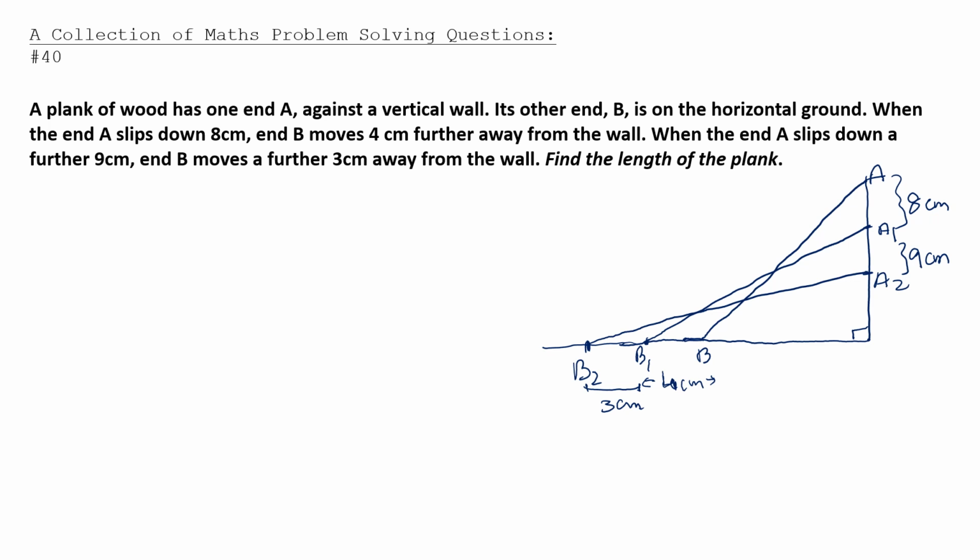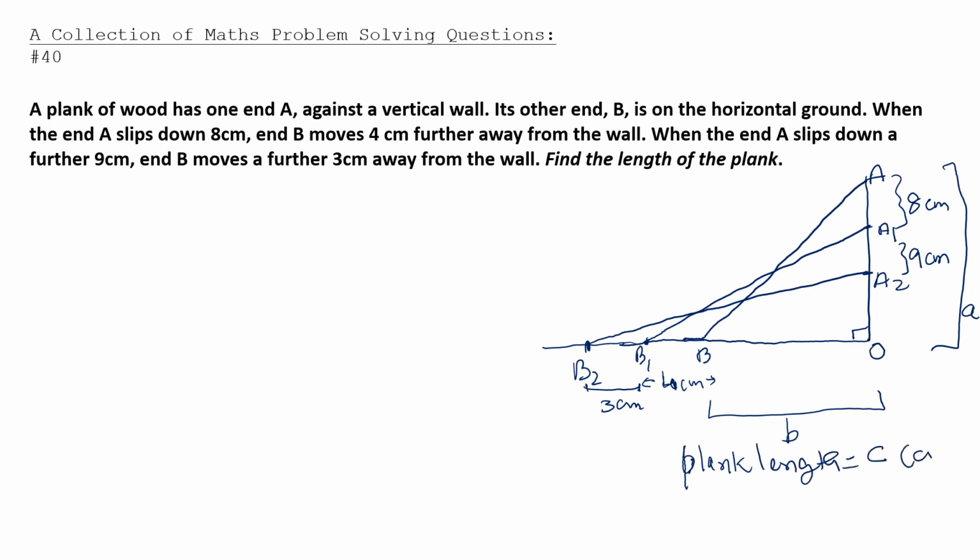So now the question is, how do we get the length of the plank? We are going to apply Pythagoras' theorem. If this was O, we will assume AO is A, and OB is B, and the plank length equals C centimeter.